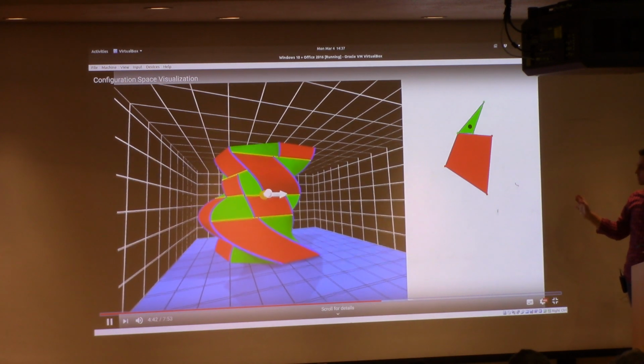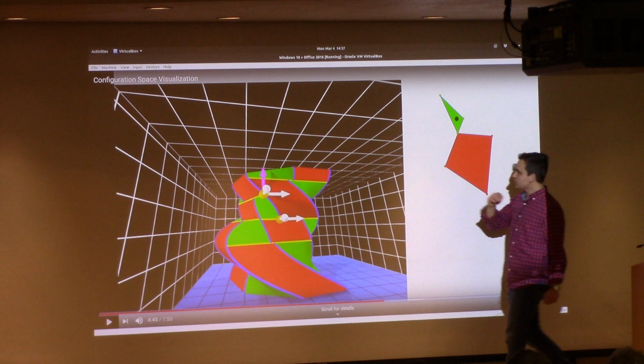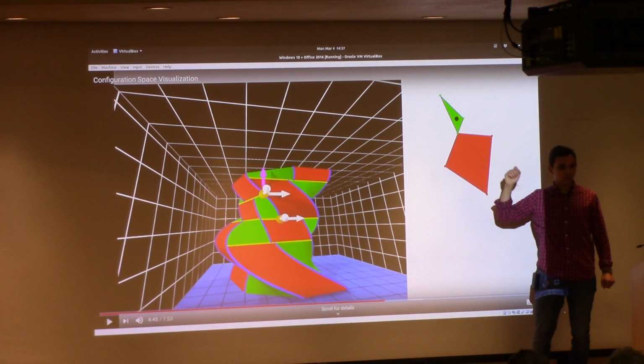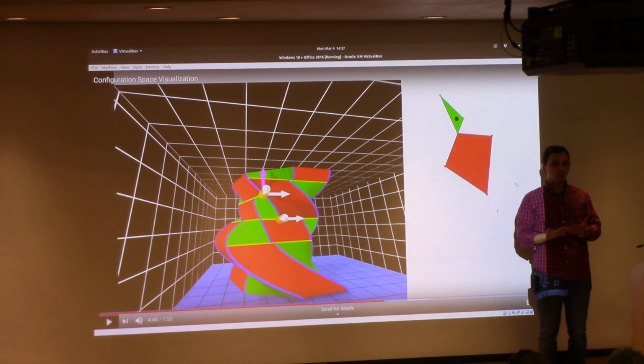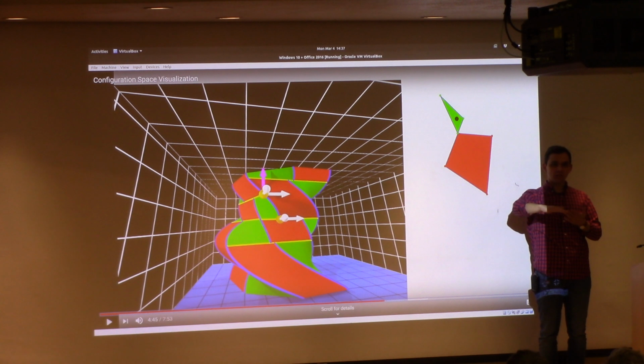Okay, so once again, the easiest observation to make here is that if we take a specific angle of rotation, we already know how to compute the free space for this specific problem, because here the robot is only allowed to translate. So this way we can compute all the layers and glue them all together.